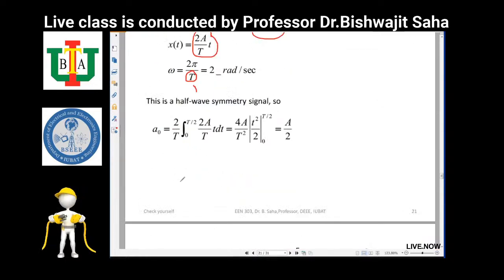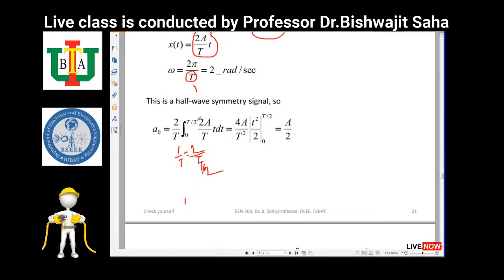Now we can find out the A0 and AN. We don't need to find out BN. So the A0 equation here was changed because there was a 1 over T, right? Here we consider the limit is T by 2, so 1 over T means 2 by T. Everybody clear?